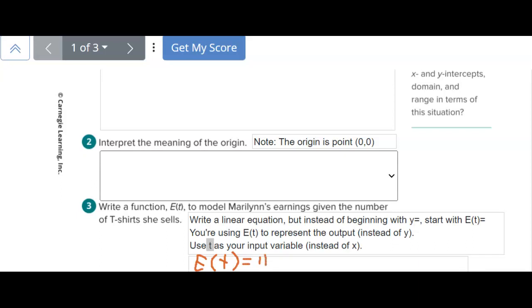I'd like you to look at the graph and figure out what number is appropriate for how much a t-shirt costs in Marilyn's store. And then after the number, you're going to put the variable t, because this number is what Marilyn is charging for each t-shirt.